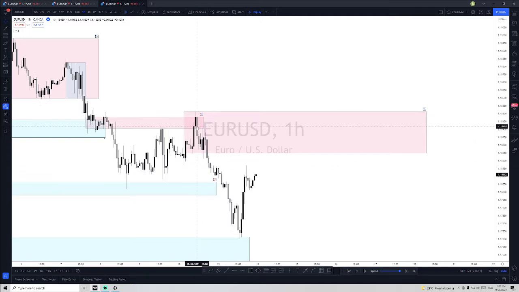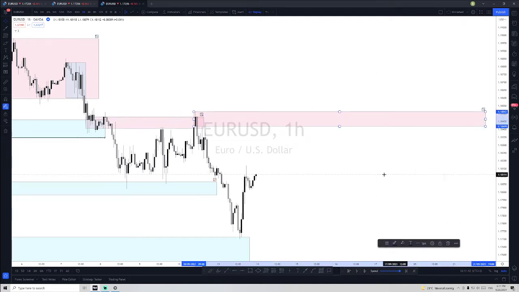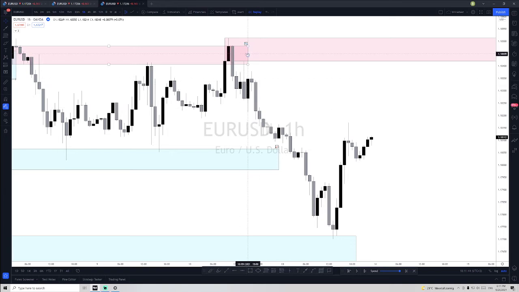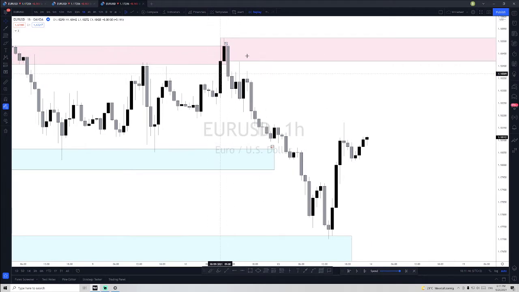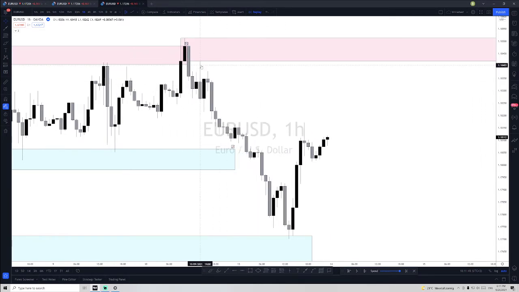We can see this supply being tested here and then continuing to the downside. It could still come back and test it. Oh wait, it didn't. So it didn't actually test it, which makes this area very interesting, because this point over here is going to be a point of liquidity for me.